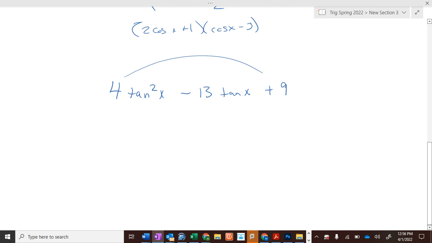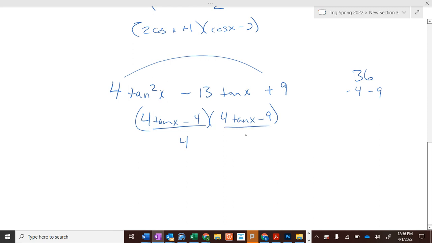Well, what's 4 times 9? 36. What are factors of 36 that add up to negative 13? Negative 4 and negative 9, right? So, you go 4 tangent of x minus 4 and 4 tangent of x minus 9. Divide this one by 4.